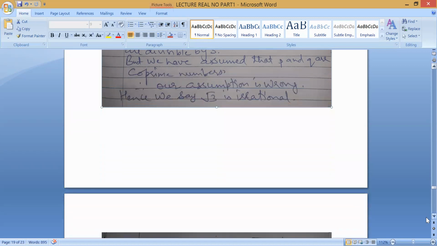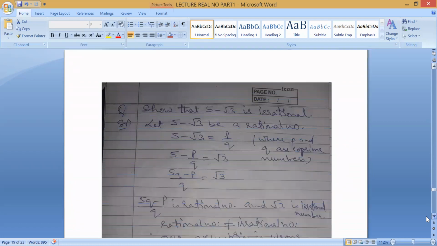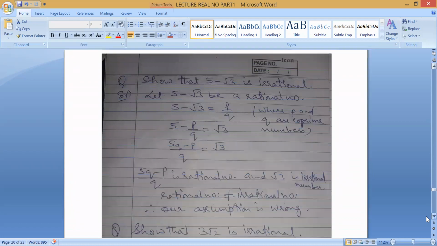The method steps are the same. Please don't get confused with the steps. As we did for root 2 and root 3, if a question is on root 5, you can prove root 5 irrational. In place of 2, you can write 3, 5, or 7.